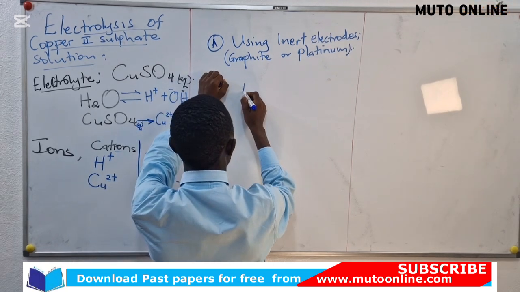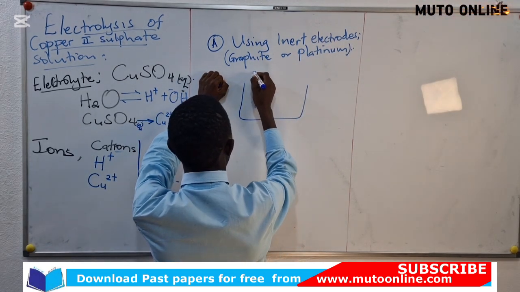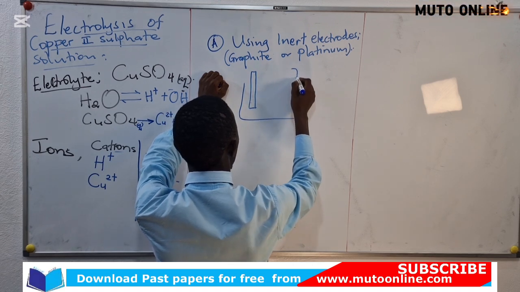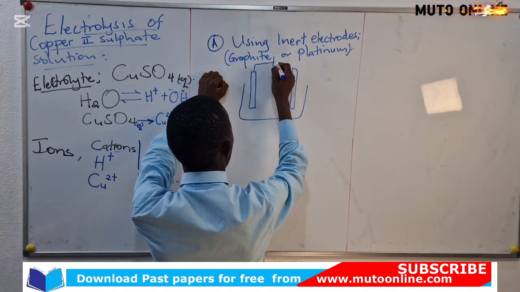So we have an electrolytic cell, using inert electrodes, either graphite or platinum.